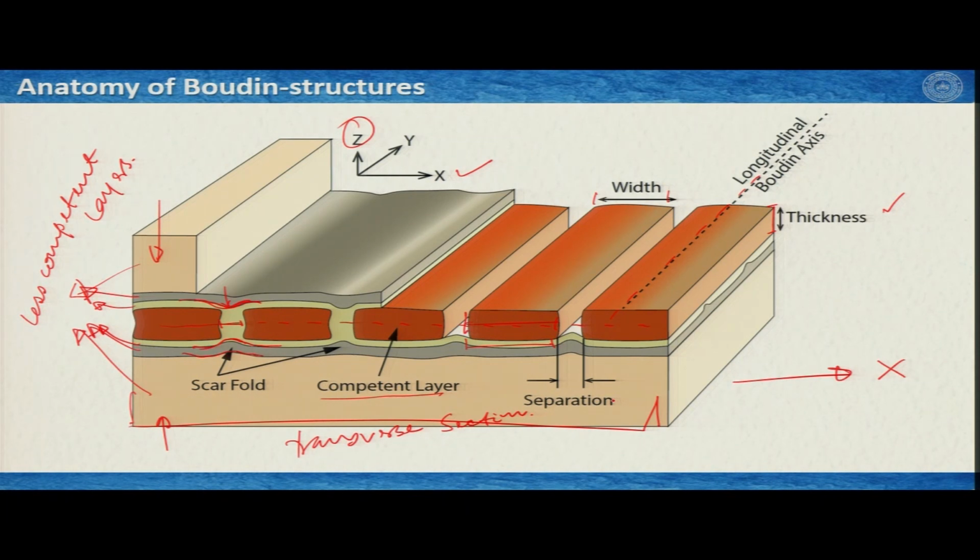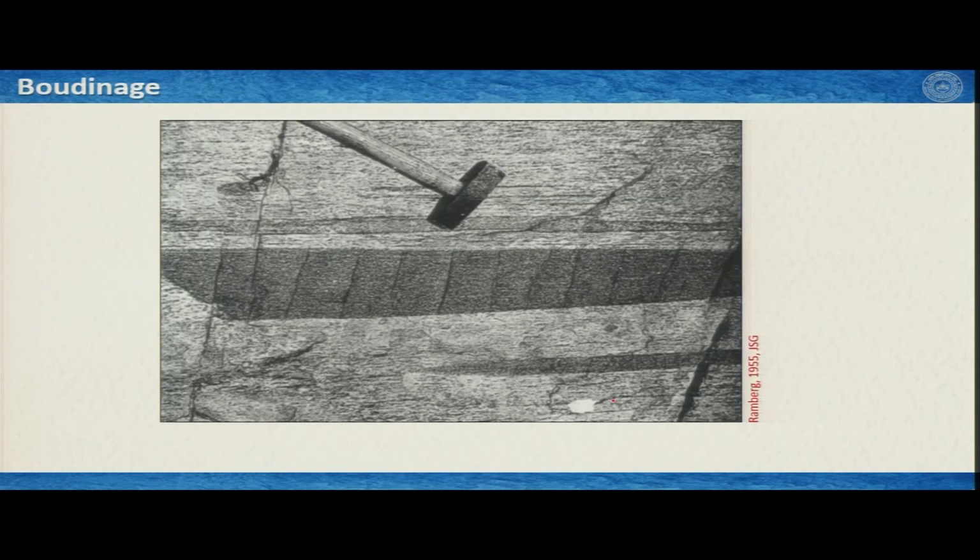So, having seen this in an illustration, let us have a look at some real photographs of boudinage structures. This is one of the classic images. As you can see, the date is 1955, a photograph from a paper by Hans Ramberg, and you see that the black layer is the competent layer, and these are incompetent layers.